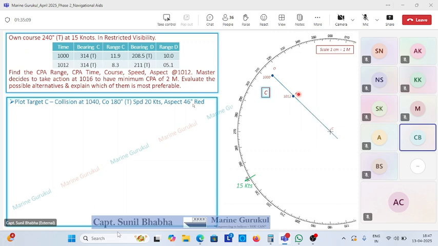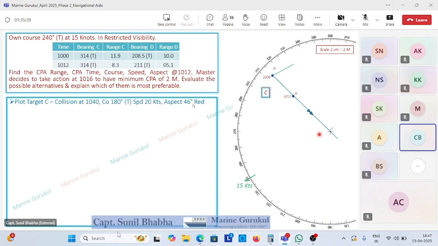Now let's join the line OA and extend it. Oscar Alpha line is joined and extended, and this gives us the relative line of approach of target Charlie. We can see the relative line of approach is passing exactly through the center, or the own ship position, indicating that the target is on a collision course.